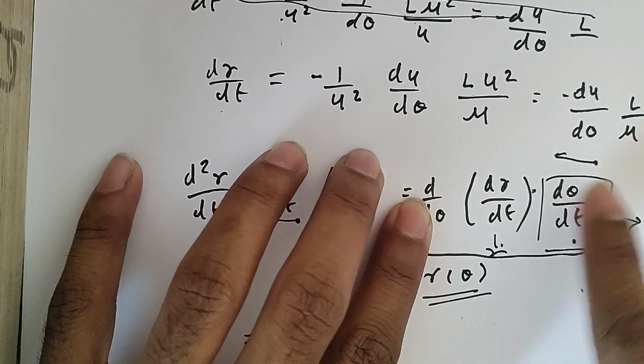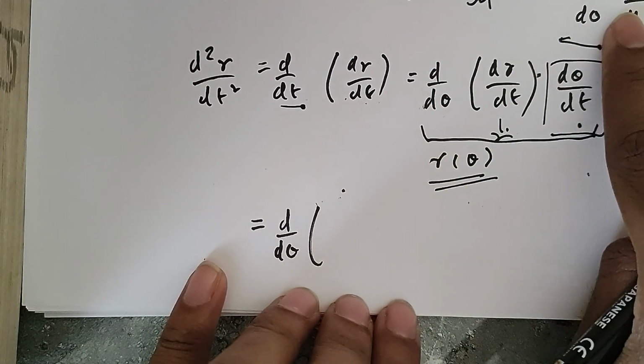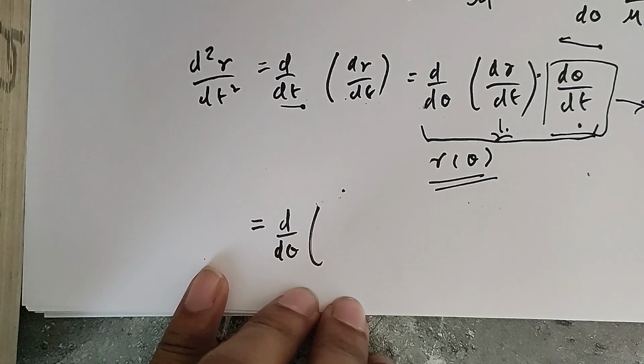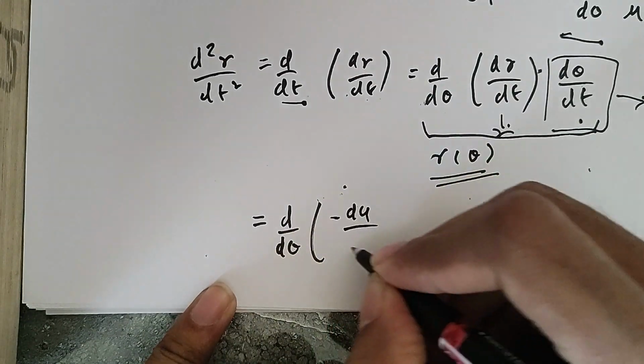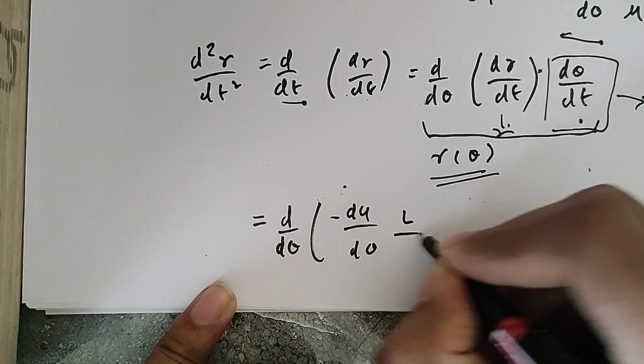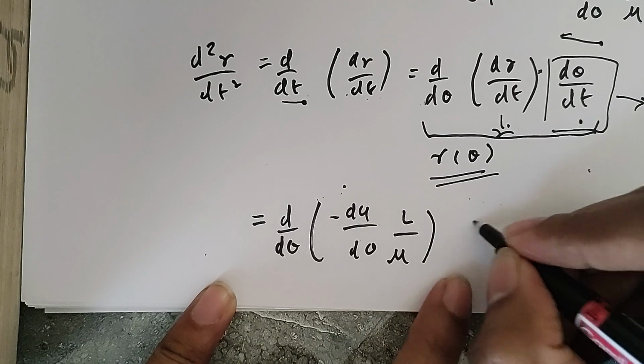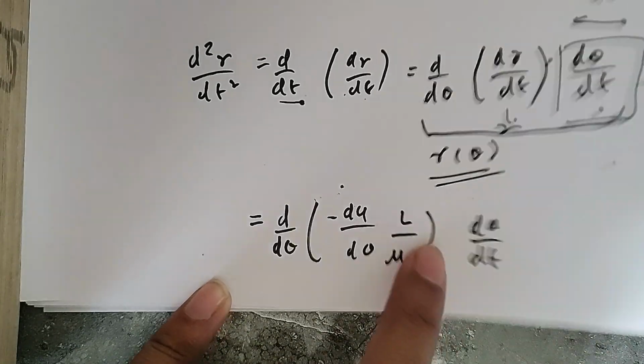So it's just a pure manipulation so that I can use this term around here without any hindrance. So it's du d theta, L by mu, d theta by dt.